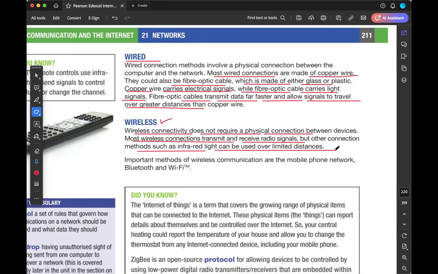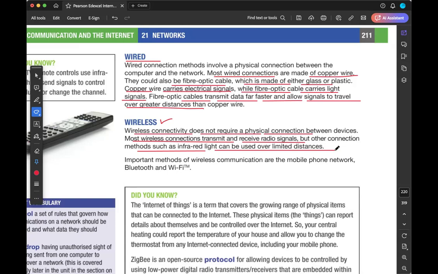Like in your home, you have a wireless network, but if you step a few steps away from your home, you feel the signals getting weak, and then the signals will be gone. So wireless networks have limited distance connectivity.